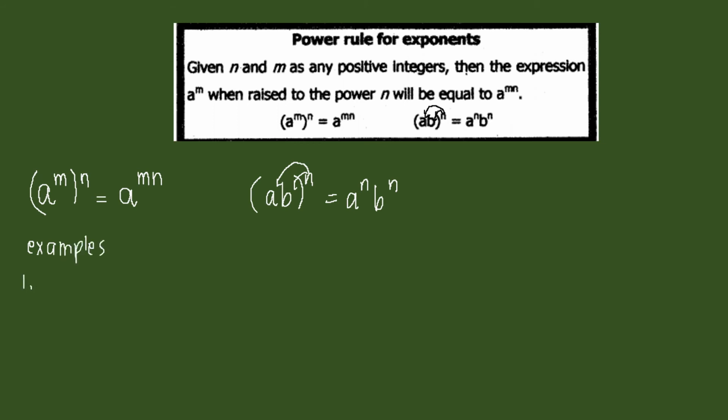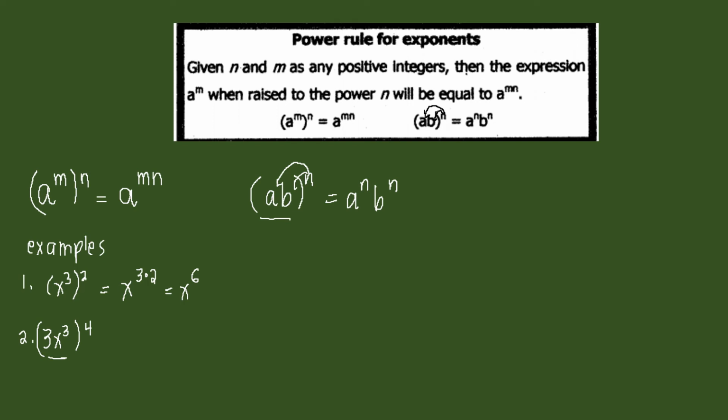So supposing we have x cubed raised to the second power, this would mean copy x, multiply the exponent. So what is 3 times 2? That is 6. So x cubed raised to the second power is equal to x to the 6. Let's have another example. Let's have 3x cubed raised to the fourth. So this expression is very similar to this one.